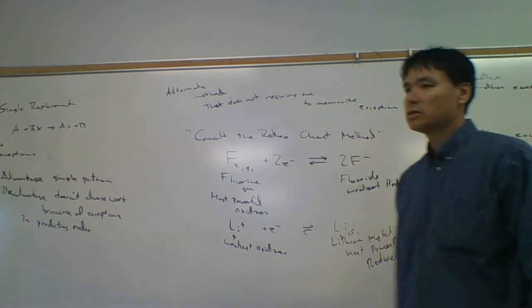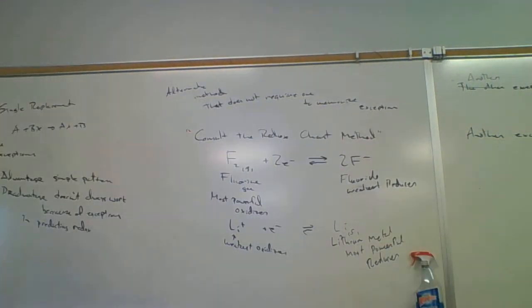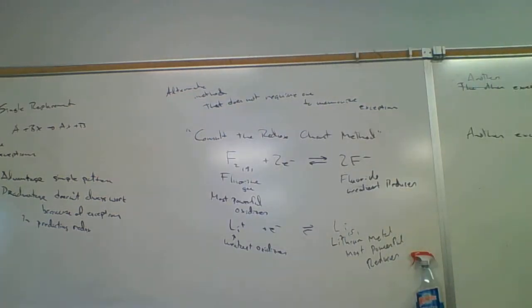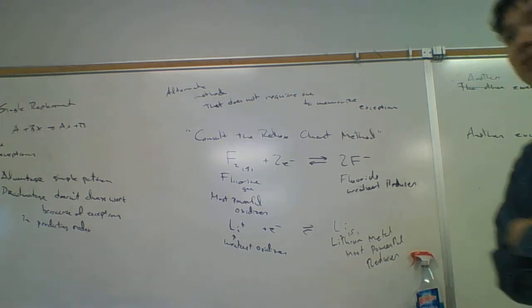And so this chart is a double chart. On the last chart we looked at, where was the strongest acid? Strongest acid is what? HClO4. But ClO4 minus is what? A base. Is that a strong base? It's a weak base. In fact, it's the weakest base.